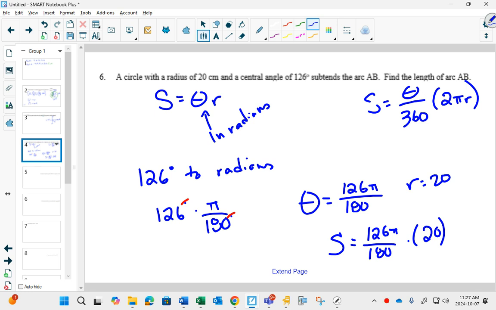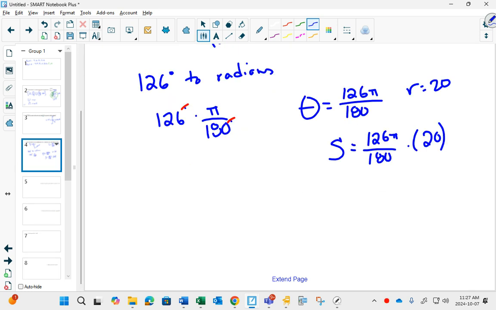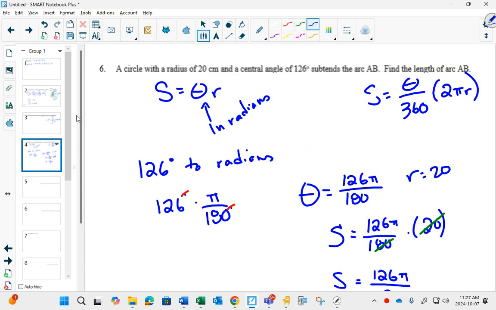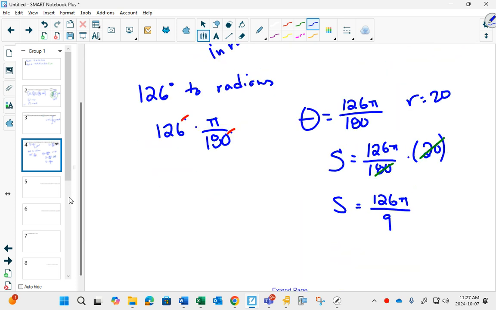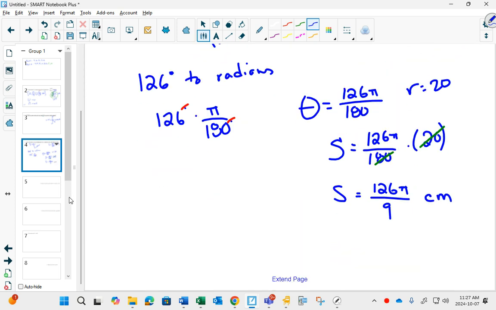Now working with this, if this was non-calculator, I could reduce the 20 and the 180 to be 126 pi over 9. Do we have units in this question? Yes, so we would need units in our answer. If it was multiple choice, they might reduce this even further.